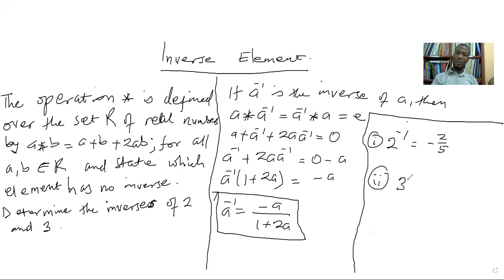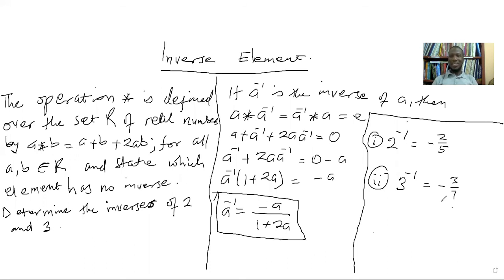And the inverse of 3 is -3/7. I hope you got those answers. You can pause it and work it, then compare your answers. If yes, well done, you have done well. If no, continue to try again. You'll be fine.